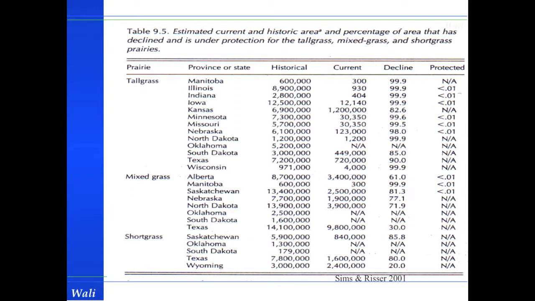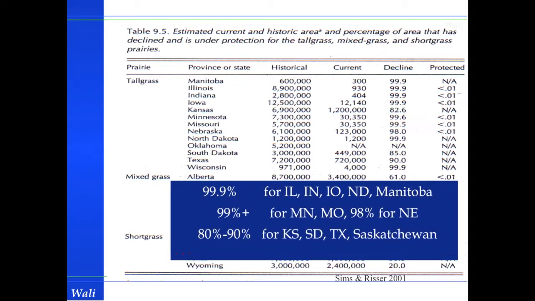Now, this is a slide I forbid my students to show, and I should forbid myself, but I put it in for a reason. Disturbance. 99% of Illinois, Indiana, Iowa, North Dakota, and Manitoba, all the grasslands have been converted. 99.9%. 99% for Minnesota, Missouri, and Nebraska, and 80 to 90% for Kansas, South Dakota, Texas, and Saskatchewan.